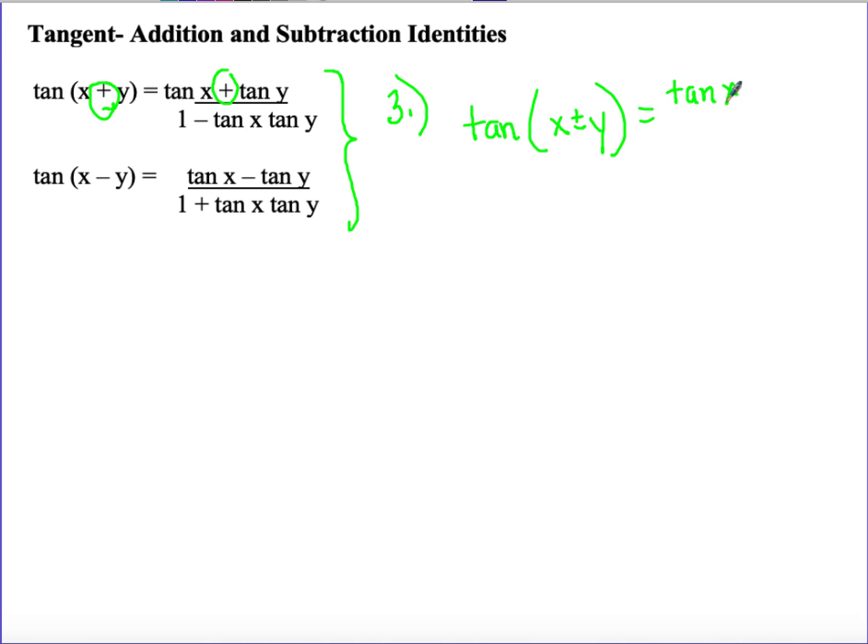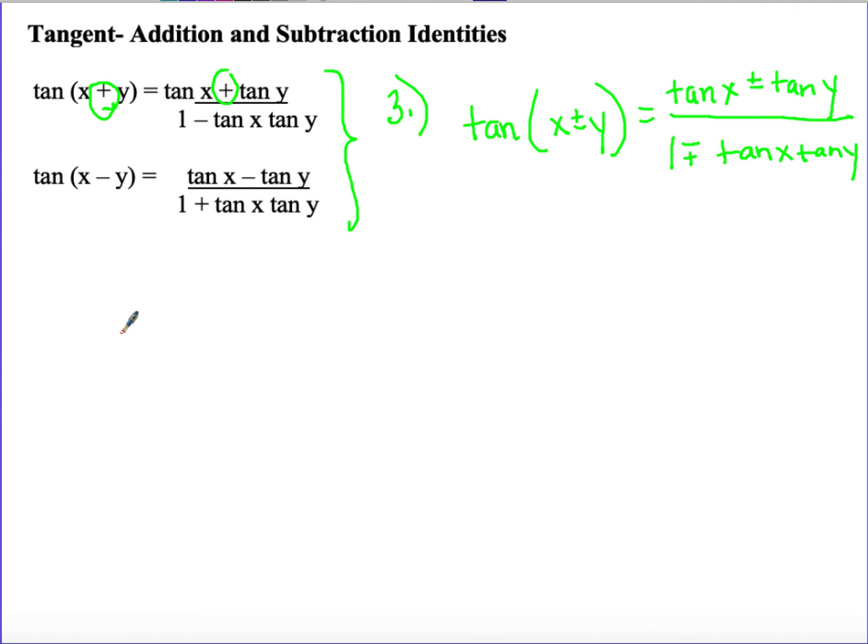So we get tangent x plus or minus tangent of y, and then we're going to divide that by 1 minus or plus, because it's going to be the opposite, tangent of x, tangent of y. Now those two things are multiplied together. So I'm not going to do a tangent example, but that goes in the same process as what you've done for the sine and cosine.